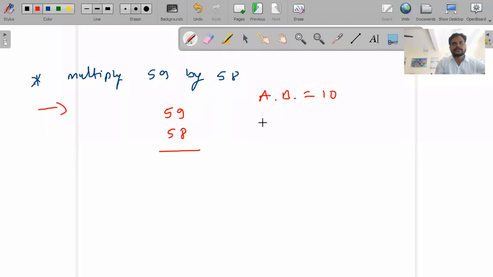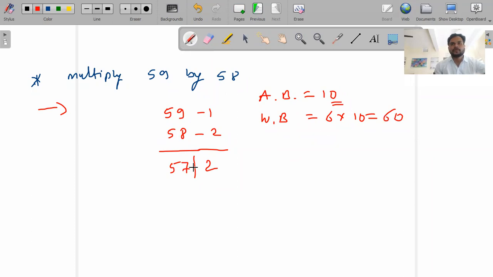Can I consider actual base as 10? And working base will be 6 into 10, which will be 60. Now 59 minus 60 will be minus 1. 58 minus 60 will be minus 2. So the answer will be 2 into minus 1 into minus 2, 2. 2 will be there because in the actual base 0 is only one time, so 1 digit only at the right hand side. Now 58 minus 1, 57.